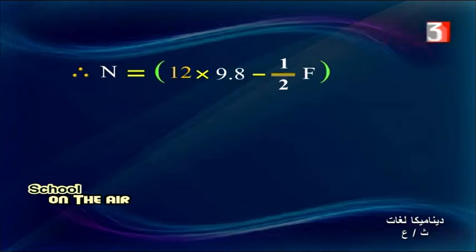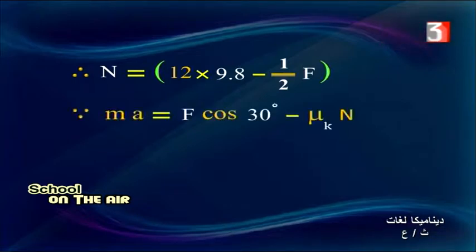The second equation, MA equals F cosine 30 minus mu kN. Now, because the body moves with an acceleration, we use Newton's second law. MA equals the resultant of the forces acting on the body.